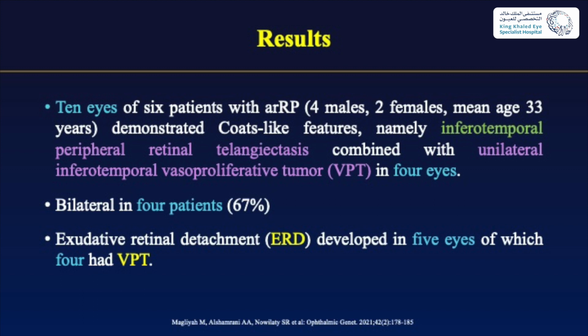So 4 eyes out of the 10 eyes had VPT. Bilaterality was in the majority of patients, 67%. Exudative retinal detachment developed in 5 eyes, of which 4 eyes had VPT.